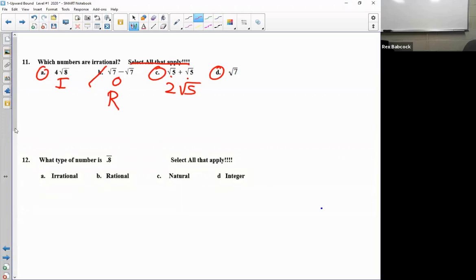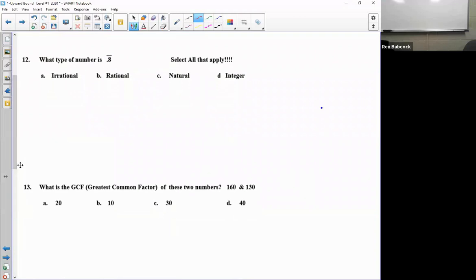Number 12, what type of number is this? Answer 12. Take about 15 seconds. Select all that apply.